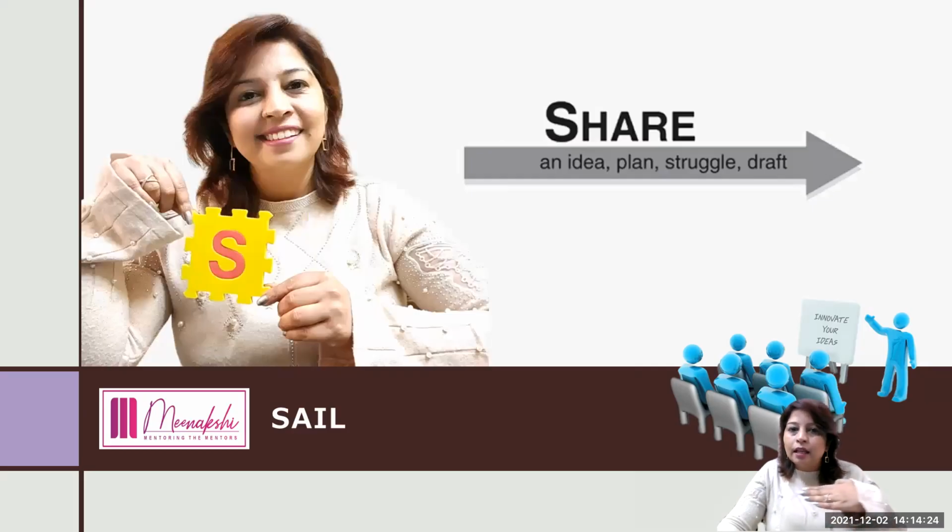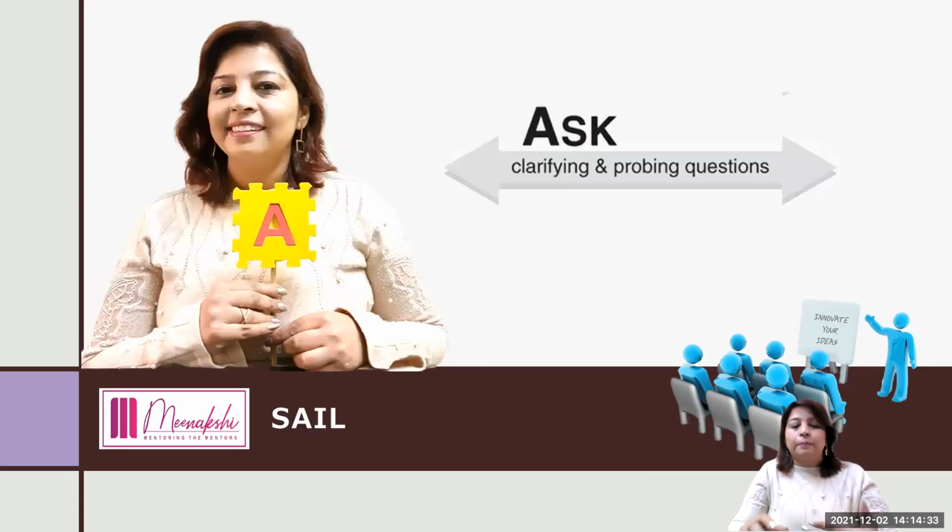Here it is a single-headed arrow, meaning as a presenter, I am presenting, providing the information to the audience. And if you look at the second slide here, A, asking questions, it is a double-headed arrow. Clarifying and probing questions are to be asked, right?